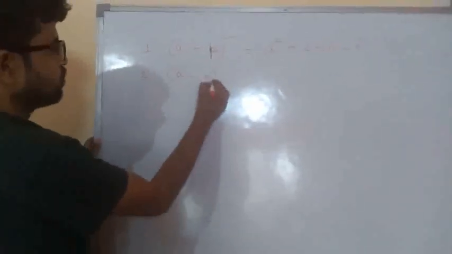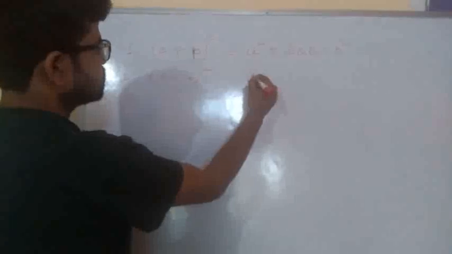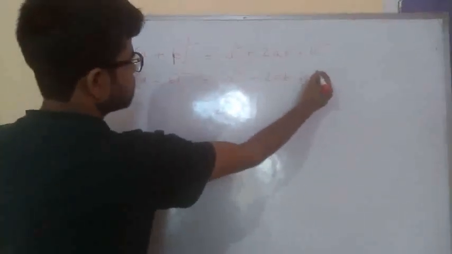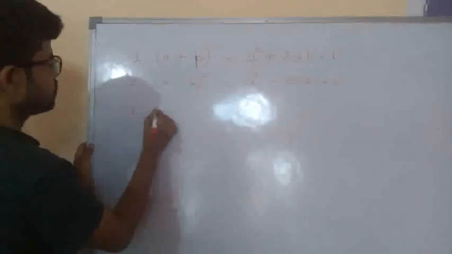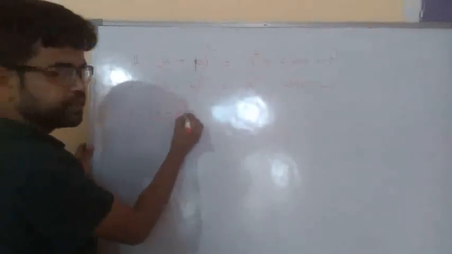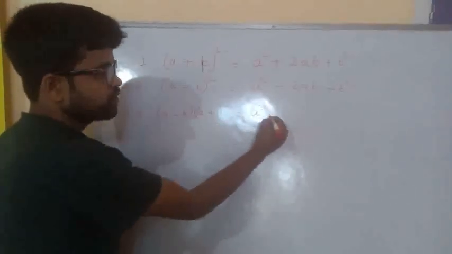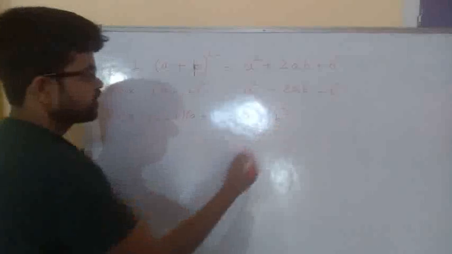And the second one was (a minus b) whole square, which is equal to a square minus 2ab plus b square. And also you got (a minus b) into (a plus b), which is equal to a square minus b square.